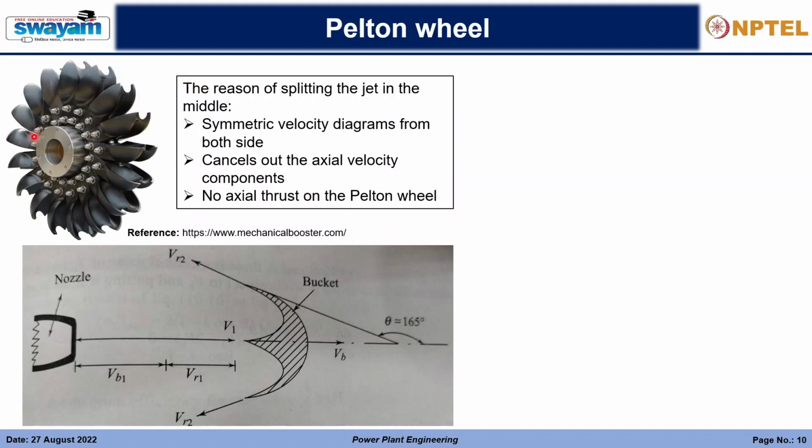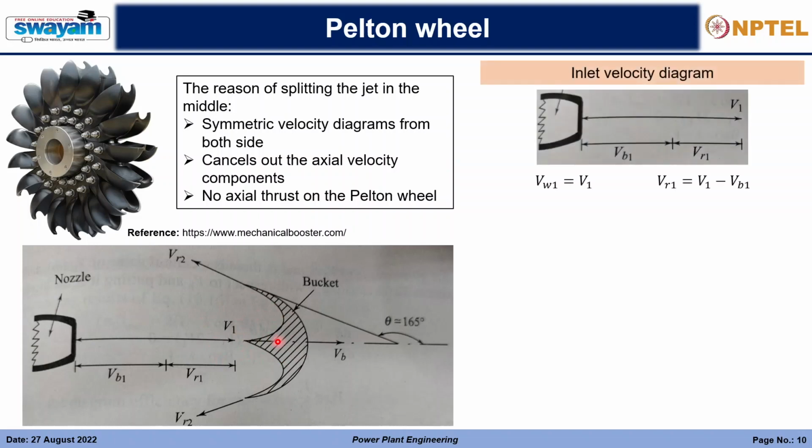If there is any velocity component in the shaft longitudinal direction, it will impart a particular thrust on the shaft. If that thrust is present, it will have some vibration effects also. That vibration effect is basically cancelled out. It is now simply rotating and not moving like this. So that is the advantage of this splitting, this type of arrangement.